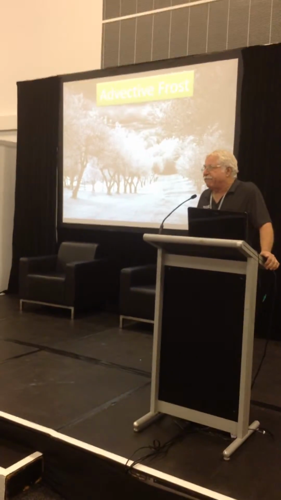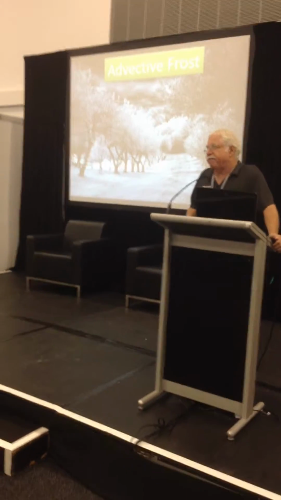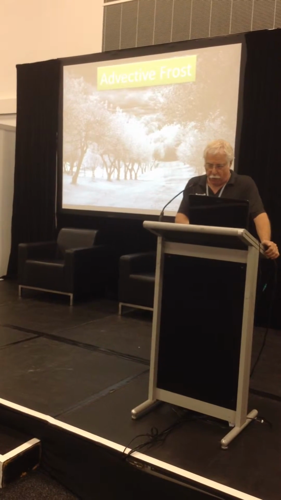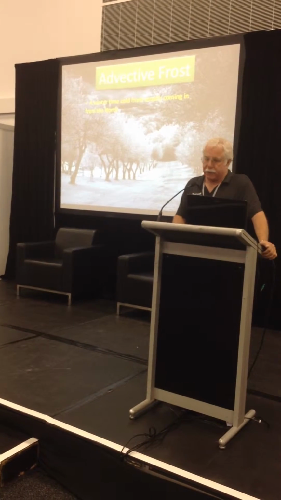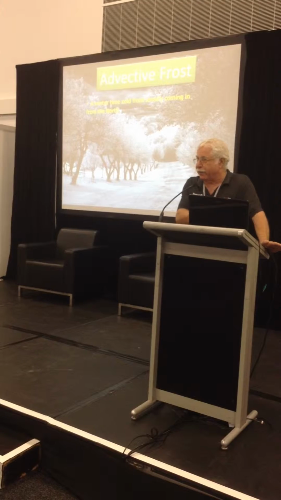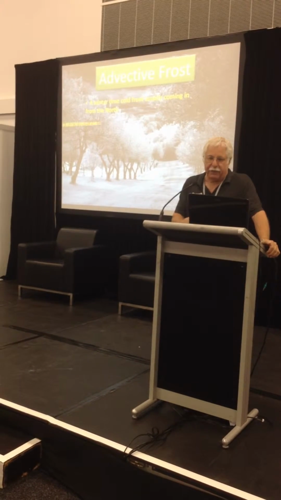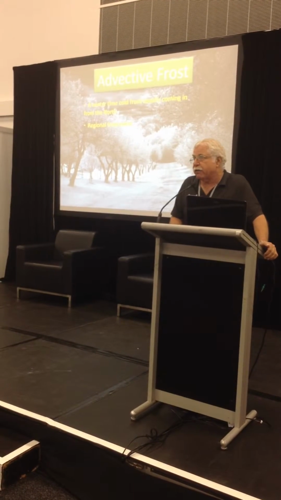There's what's called advective frost, and an advective frost is a cold winter storm. It usually comes in, well, this was made in the northern hemisphere, so in your case it probably comes in from the south.